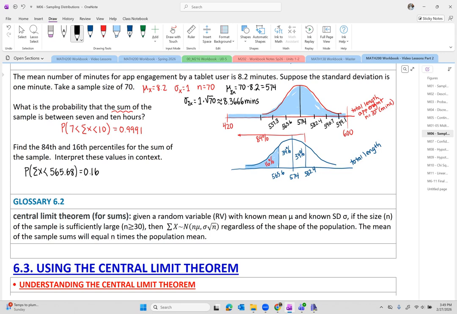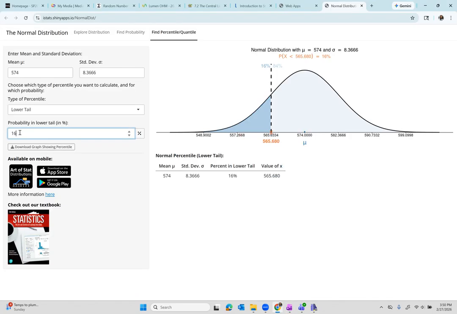And then for the 84th percentile, I'm expecting again to be very close to 582.4. So let's try that. So if I want this to be 84% of the time, I am at 582.32.